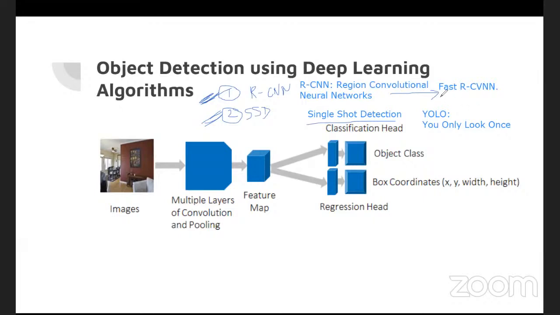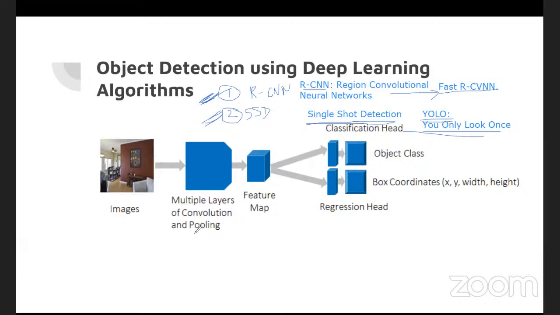There are three types of RCNN: simple RCNN, then Fast RCNN, and third, Faster RCNN. And in single shot detection, you have algorithms such as YOLO. So what is the difference between RCNN-type networks and single shot detection algorithms?